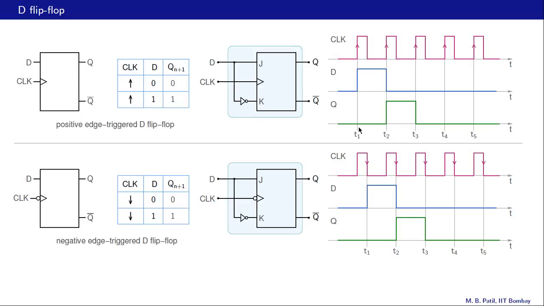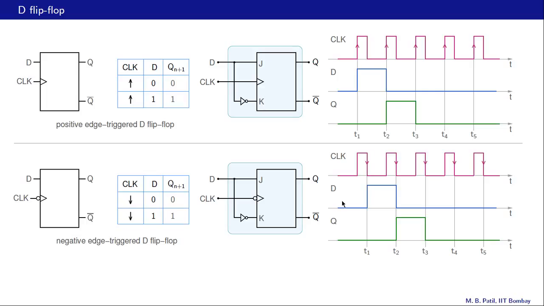So therefore Q is 0 throughout this interval. What happens at this point? At T2, we look at the input D just before T2, that is T2 minus, and we find that D is 1, and therefore just after T2 our Q is going to become equal to 1, and then it's not going to change again until T3, and so on.